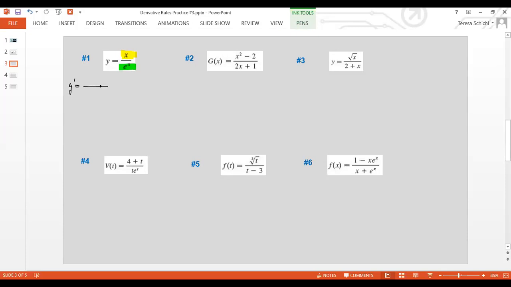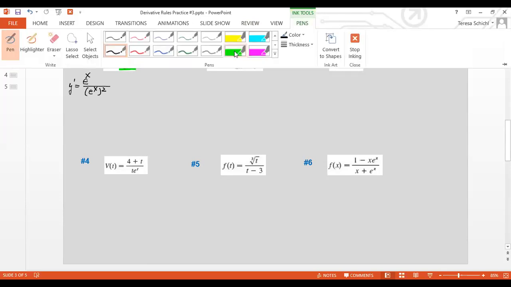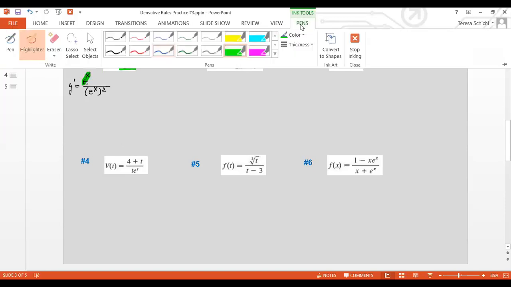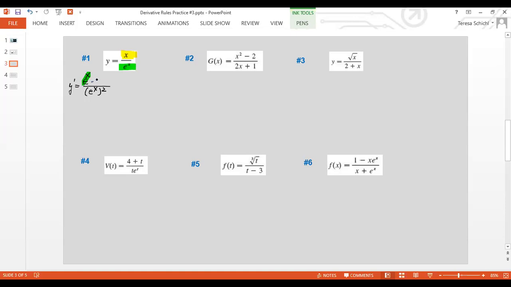So what does the formula tell us? I need to square the bottom. Then for the top, first you hold the bottom still, so nothing changes here. Then you take the derivative of the top. The derivative of x is 1, right?